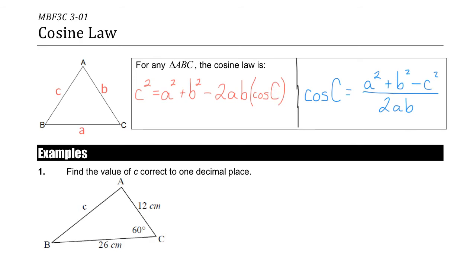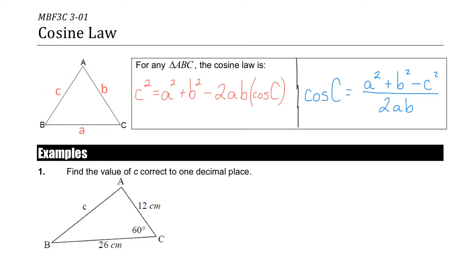Likewise over here, when you're trying to find an angle, you might not be trying to find angle C. The labels might be different, but this is just whatever angle you're trying to figure out. This side c is the opposite side to the angle you're trying to figure out. a and b are just the other two sides. The labels are arbitrary.